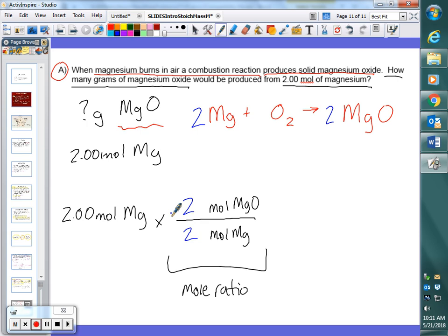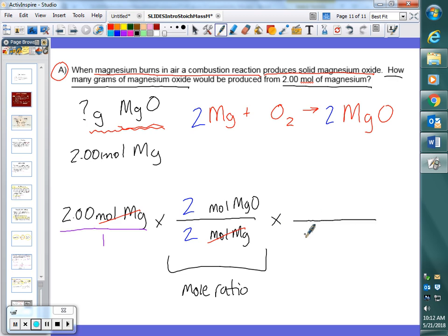So, if we wanted to do a little math now, like we said, we could put this over 1 if we wanted to, and moles of magnesium would cancel, and that's great. But that leaves us with only one unit in our problem, and that's moles of magnesium oxide. But at the beginning, we established that this problem was asking us for grams of magnesium oxide, not moles of magnesium oxide. So we have a conversion problem that left us with a unit that we don't want. So what do we do?